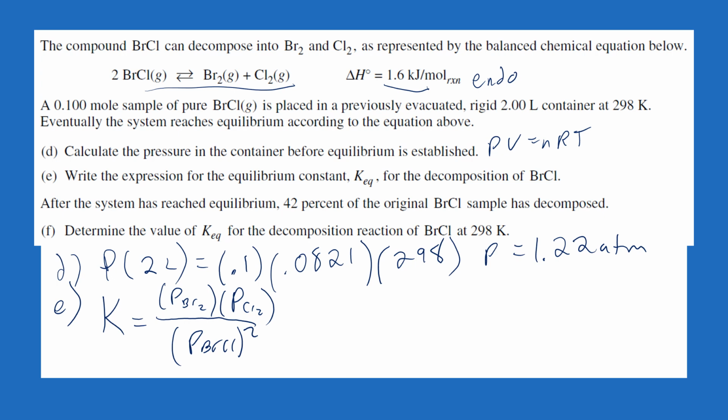And then after the system has reached equilibrium, 42% of the original BrCl sample has decomposed. Determine the value of Keq for the decomposition reaction. So I'm going to make an ICE chart here. Squeeze it in, BrCl.